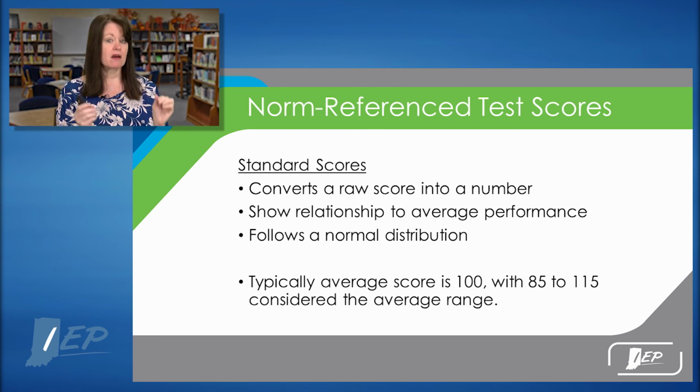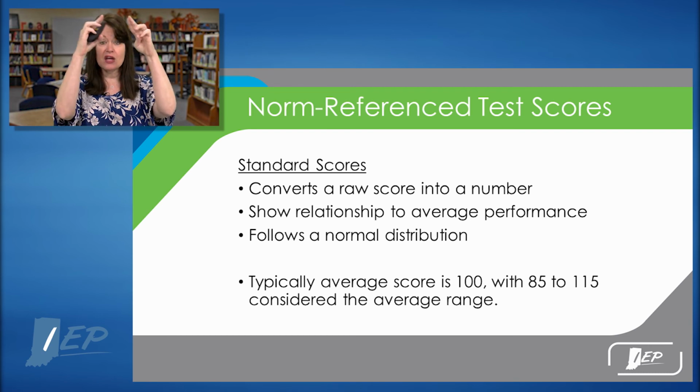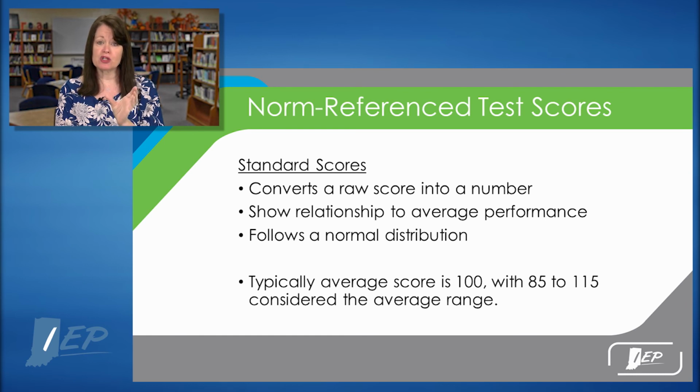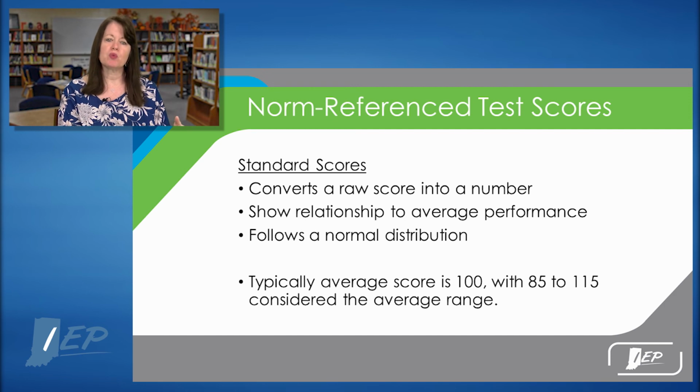So if you think about that good old bell curve that we've all learned about in past courses and in college classes, we know that a normal distribution follows a curve, with most people falling under that central larger region within the curve. And then we have fewer and fewer people that tend to get away from that average performance, either on the high end or on the low end.